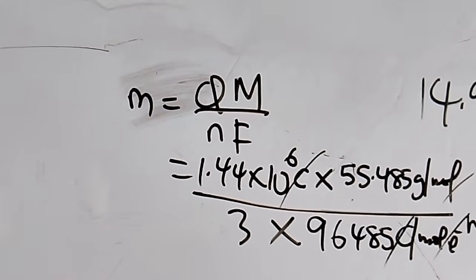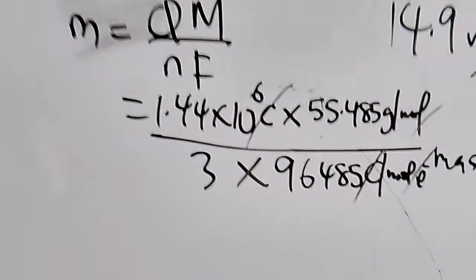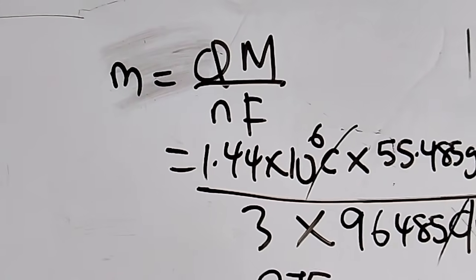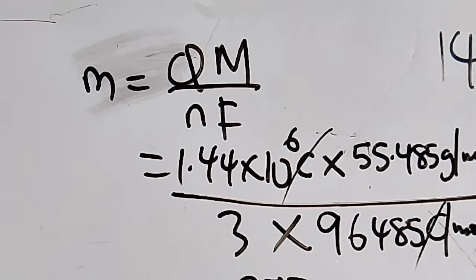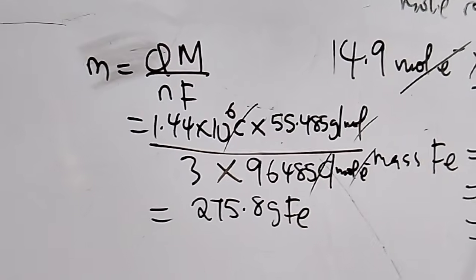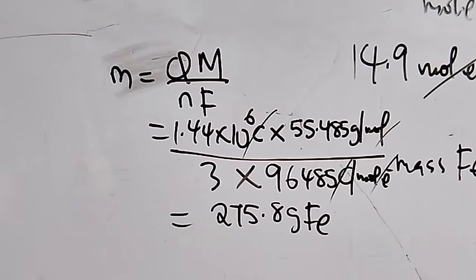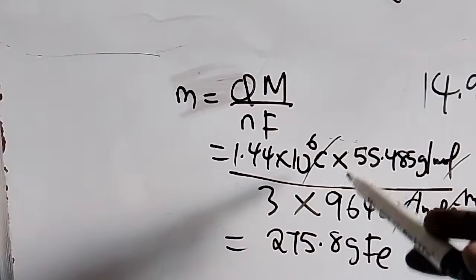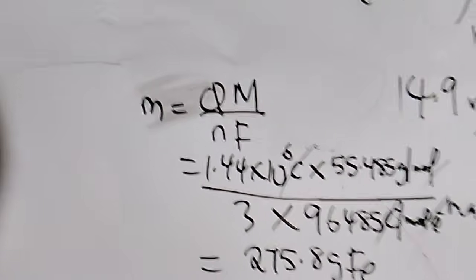When you multiply the numbers on top and bottom, then divide, you are going to find 275.8 grams of iron. This is the mass of iron found. We can either use the half reactions or the equation straight away, and we still find the same answer.